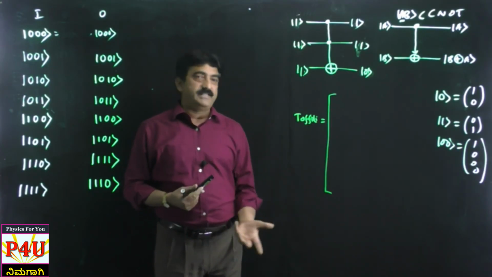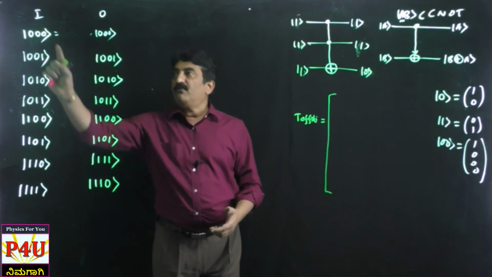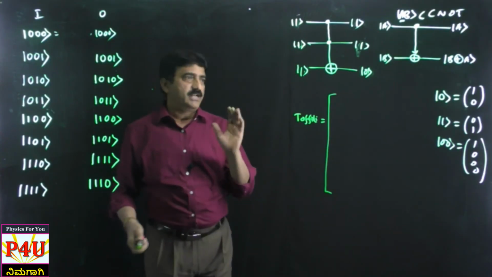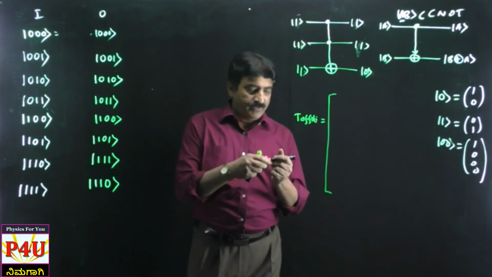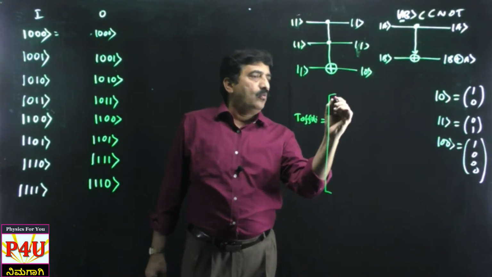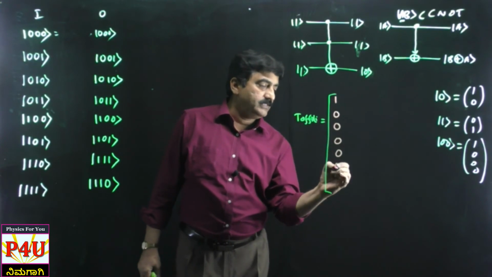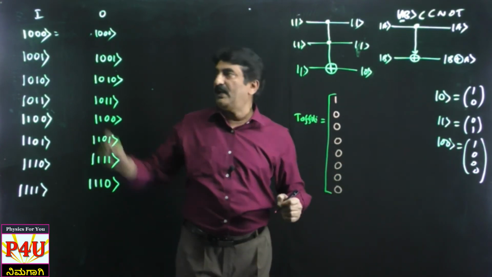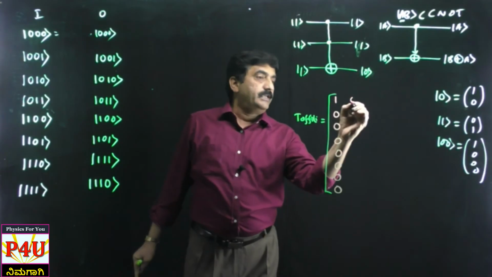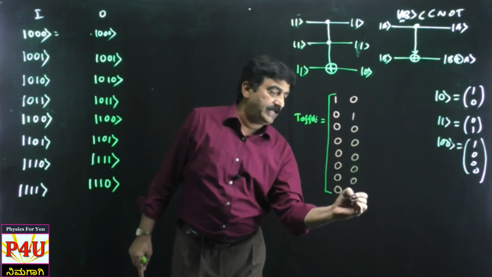Sir, how to write? Very simple. Write the column vectors for all these states. I write it here, it may appear a little bit congested. Let me try. 1 0 0, and so on up to 8. First line, second line 0 1 0 0 0 0, like this.